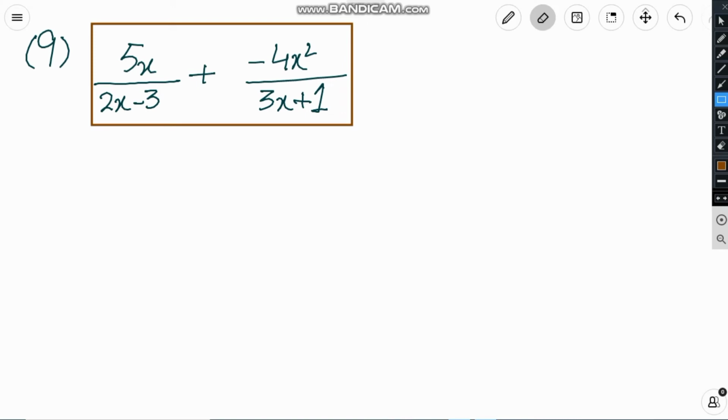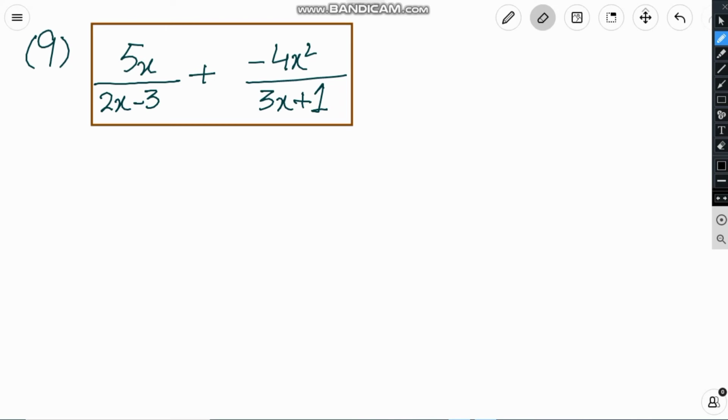None of these two terms are the same, neither can you make them the same, so don't try to make them the same, because in the first expression we have 5x over 2x minus 3. You cannot take anything common from 2x minus 3. And in the second rational expression we have minus 4x square over 3x plus 1. Also from 3x plus 1 we cannot take anything common.